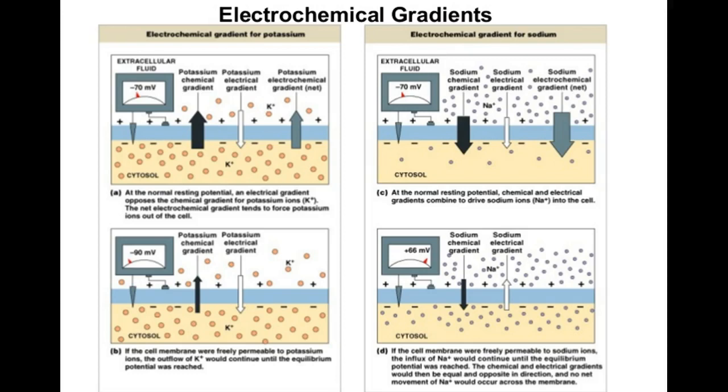So you have both of these types of forces acting on that resting membrane potential, and both need to be kept in check in order for this membrane to not be doing anything, so that there not be any action potentials.